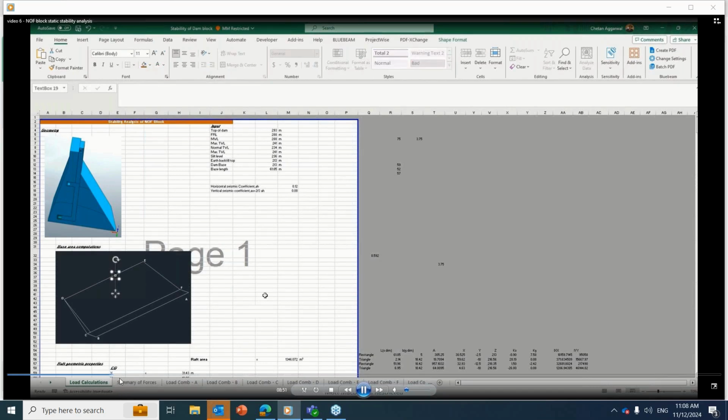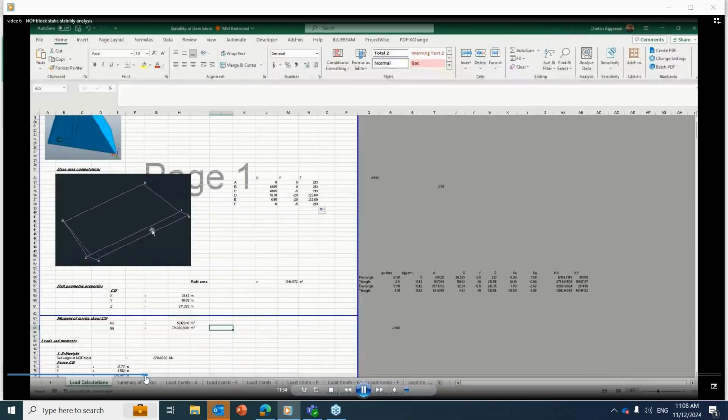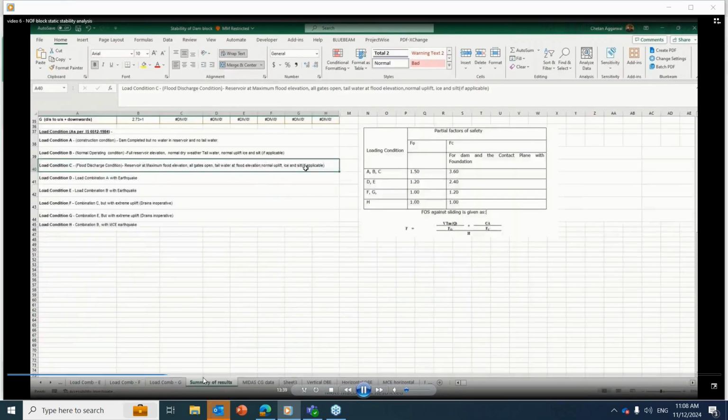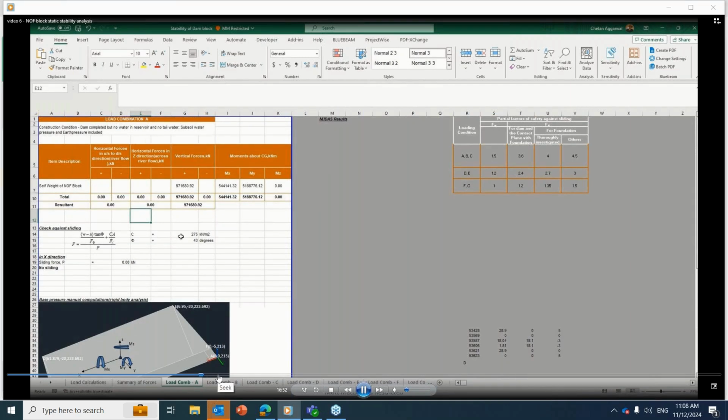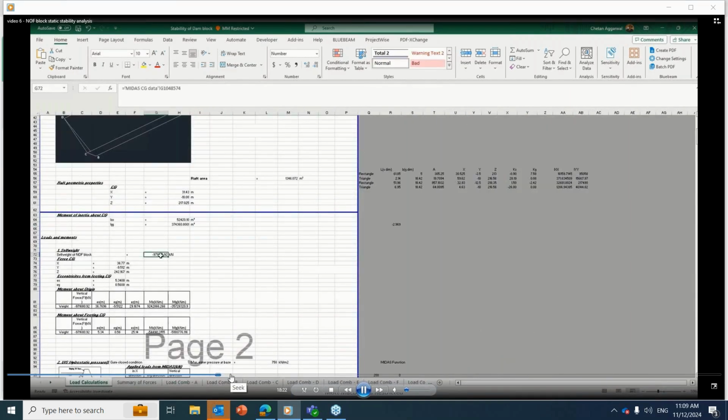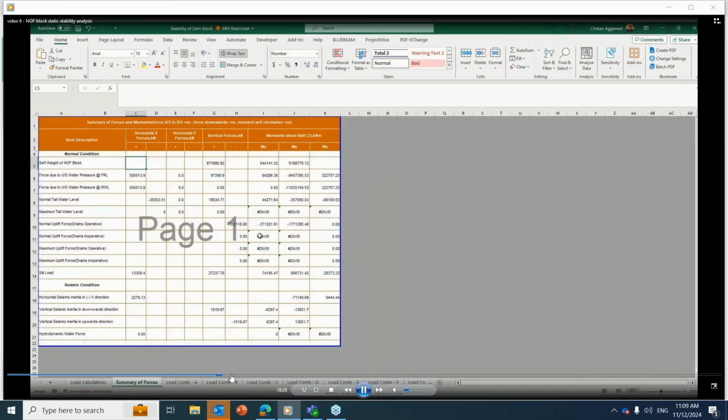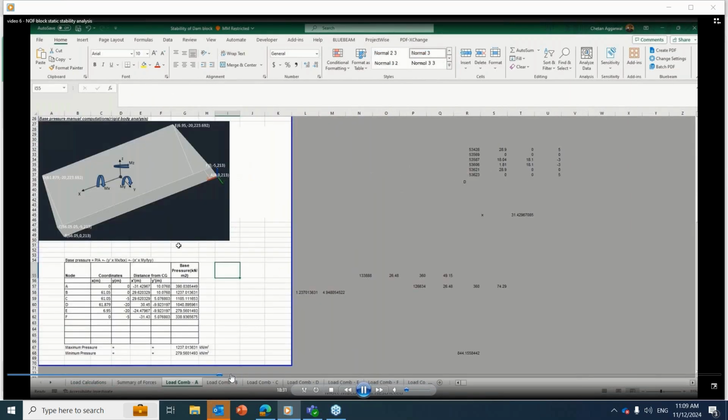So the moment of inertias and everything I computed in this Excel sheet to get the base pressures. Then after that, I had gone through the various loading conditions as per the codal provisions, usual, unusual, extreme loading conditions, and then I compiled the results, and then I checked the stability for the construction conditions and the normal operating condition.